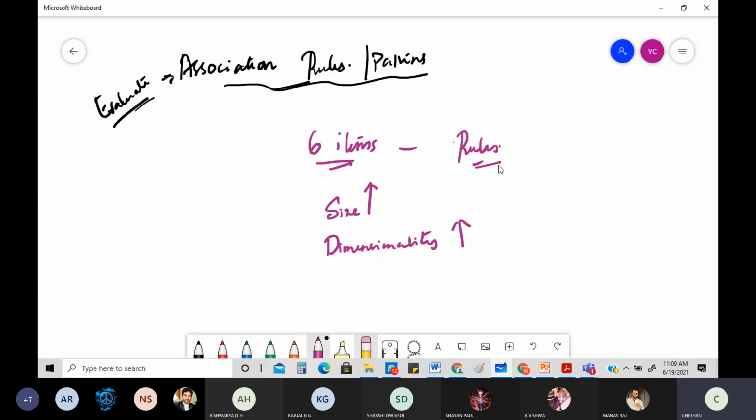So when you think of the size and dimensionality of real commercial databases, which are real-life databases, they are very large. Commercial databases will be very large. We can easily have thousands or hundreds of rules getting generated here.